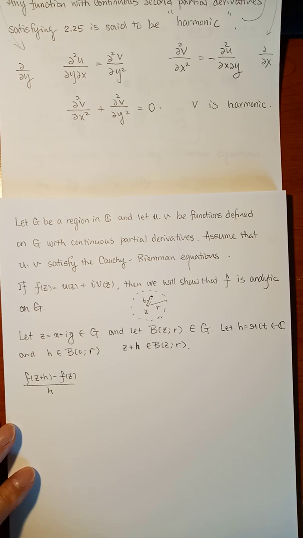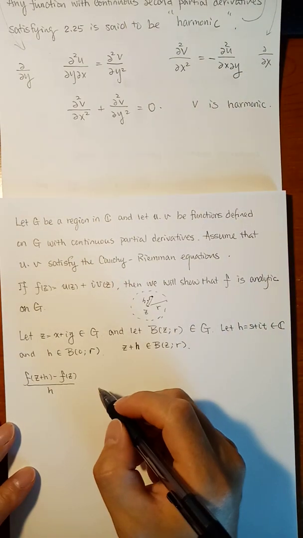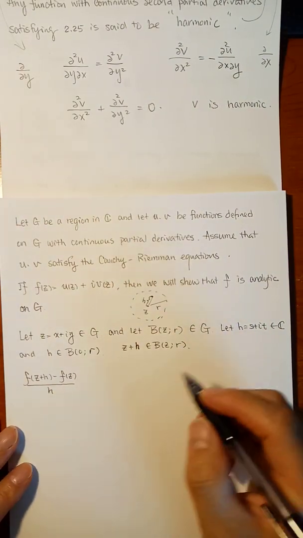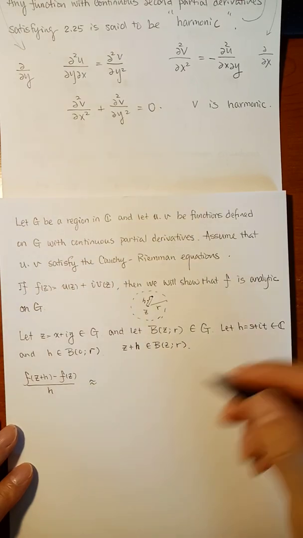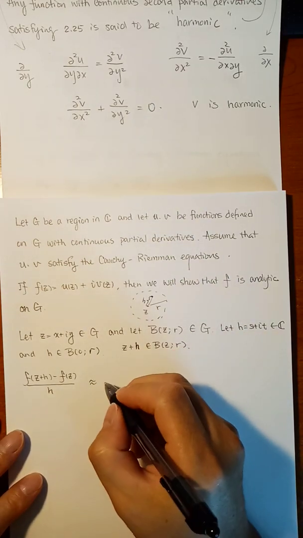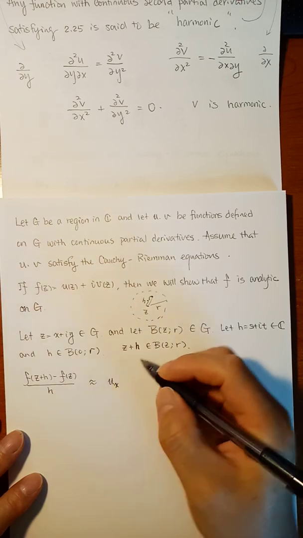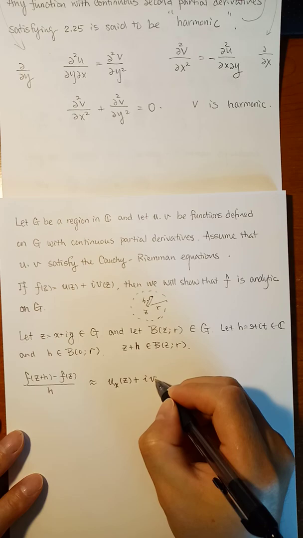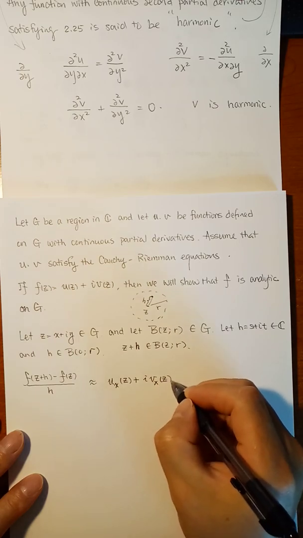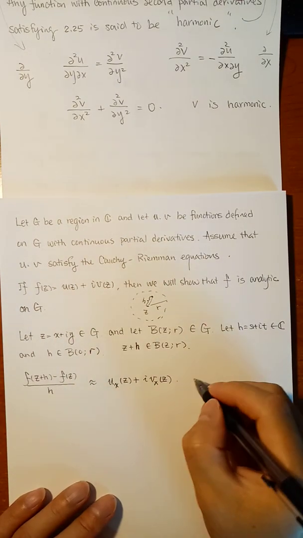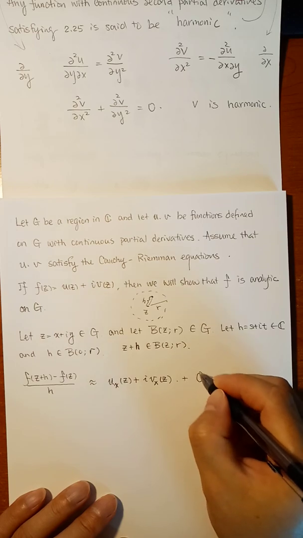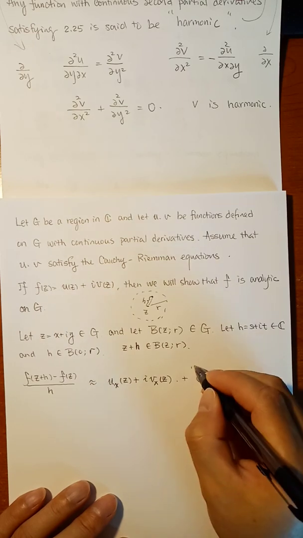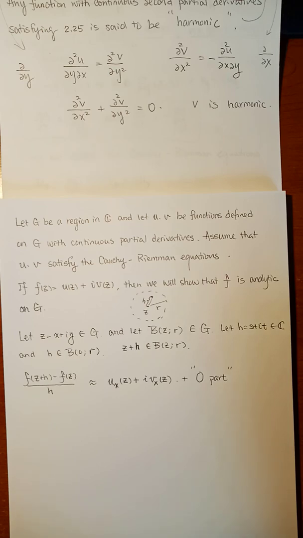We already know that if it has a limit, it should come out as something like this, plus a small infinitesimal part.